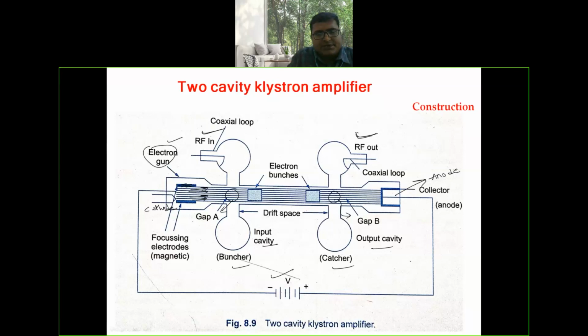The electron gun is at negative potential so that it will generate electrons, and the collector or anode is at positive potential. The generated electrons are collected by the anode or collector. That is why it is called collector. It is collecting the electrons which are generated by the electron gun. And this is about the construction of two cavity Klystron amplifier.